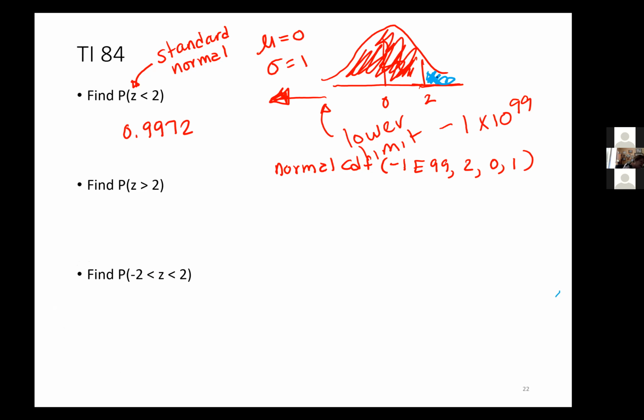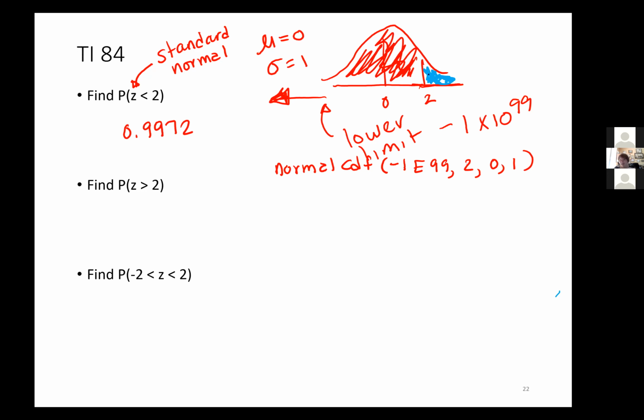Greater than 2 would be this area that I just shaded in blue, correct? To the right of 2. So since the total area under any continuous probability distribution is 1, you could take that less than 2 and subtract it from 1. You could do that, and you could find the probability that z is greater than 2.